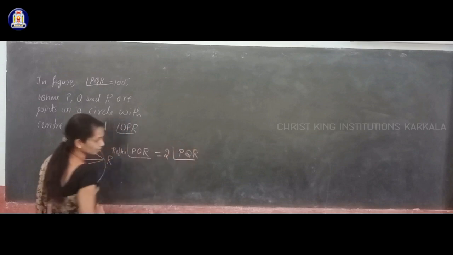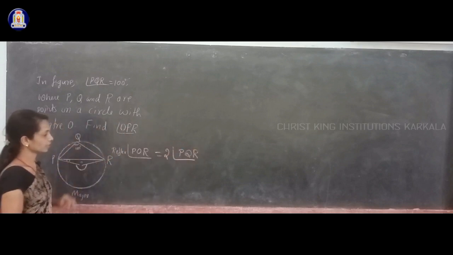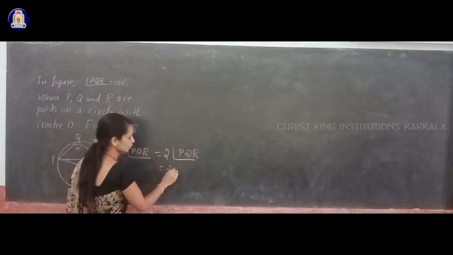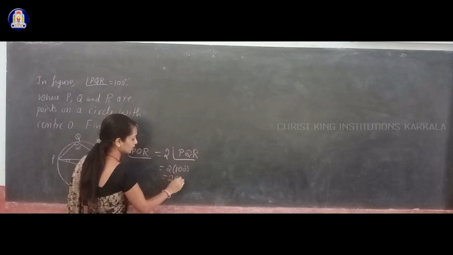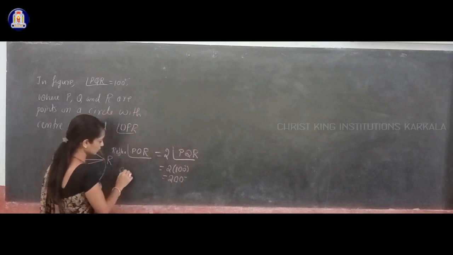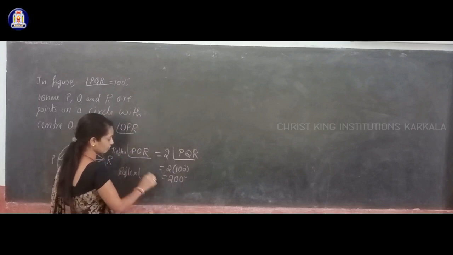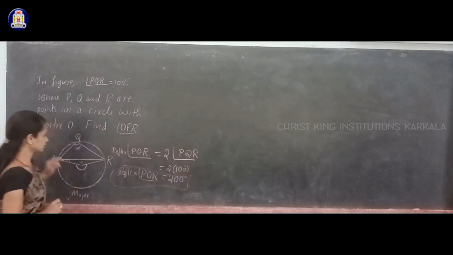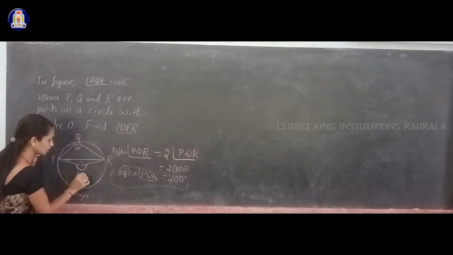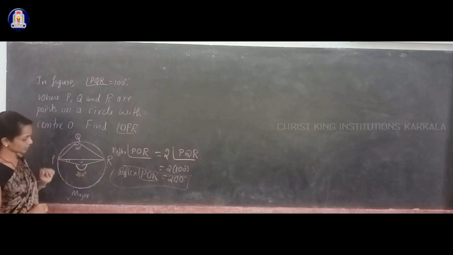We are given angle PQR is 100 degree, so that is equal to 2 into 100 degree, which gives you 200 degree. So this is the reflex angle POR, that is 200 degree.